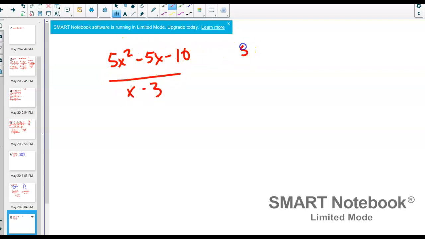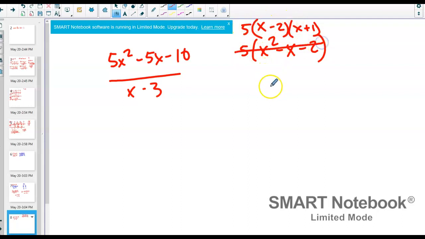I've got to take a 5 out of there, which gives me x squared minus x minus 2. And then that will factor to x minus 2, x plus 1. Then I've got the 5, and then I just have the x minus 3. No holes because I don't have repetitive factors. I have a vertical asymptote at 3. And then I have it crossing the x-axis at 2 and at negative 1.